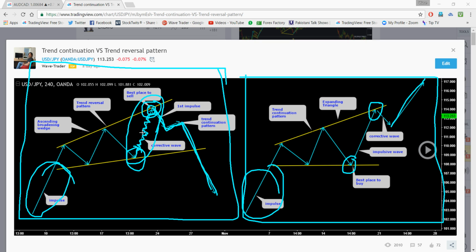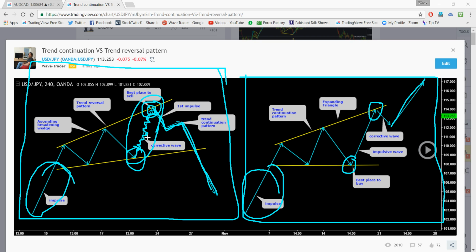Either this is a corrective part or an impulsive part, so you need to start from the first rule: how to identify impulse and correction. The first practice we do in our training is to identify impulse and correction correctly.